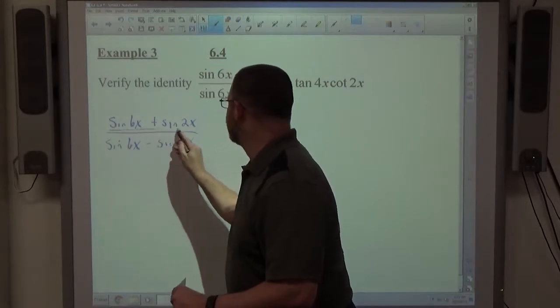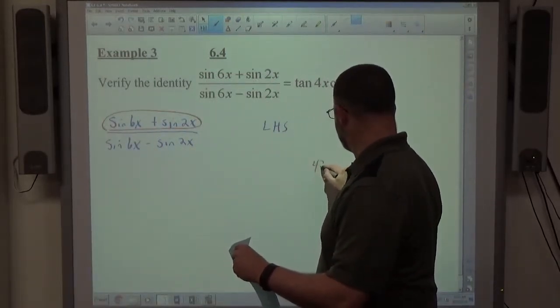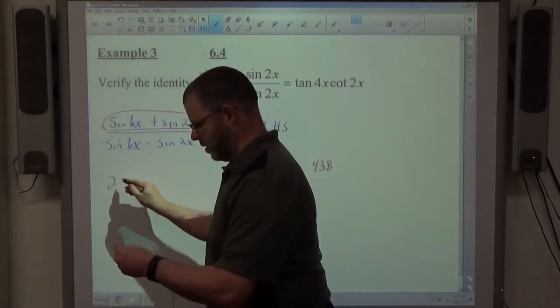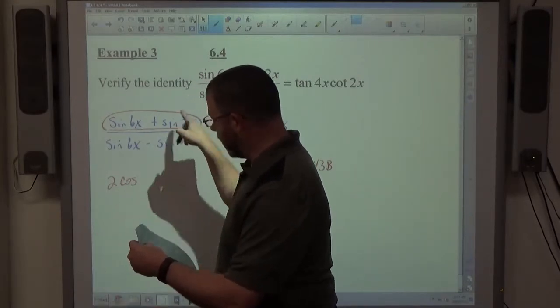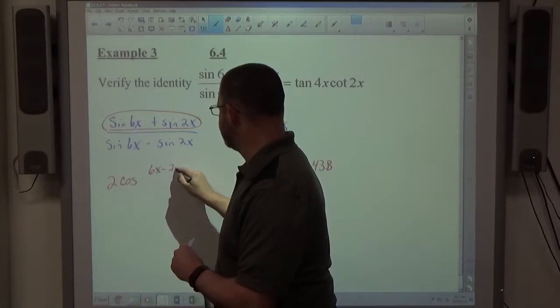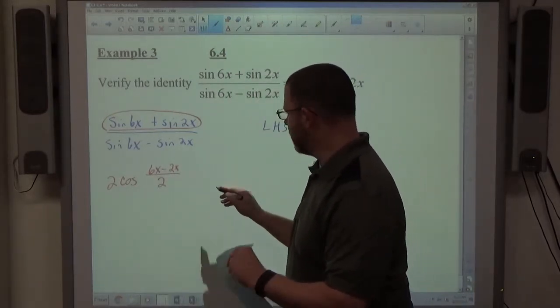So if I'm taking the top, and let me do these in different colors here. The top here, by 43b, says that I'm going to get 2 times the cosine of x minus y over 2, and then it's going to be sine of x plus y over 2. So this is x, this is y.